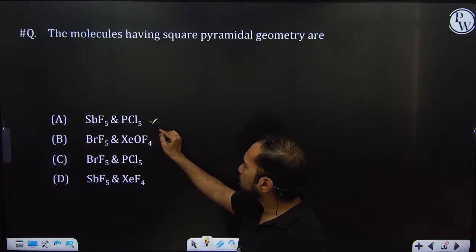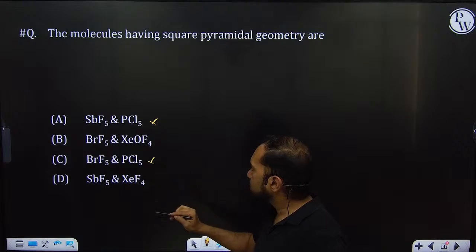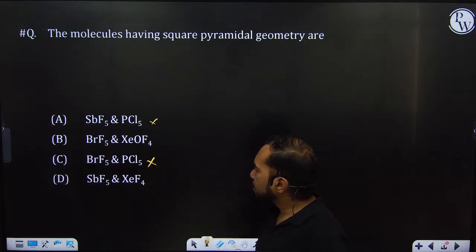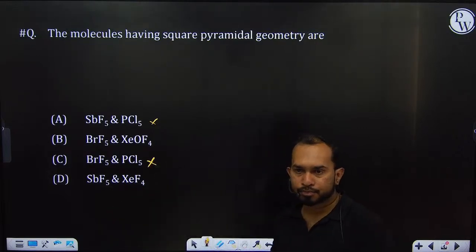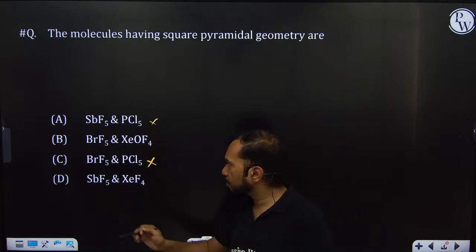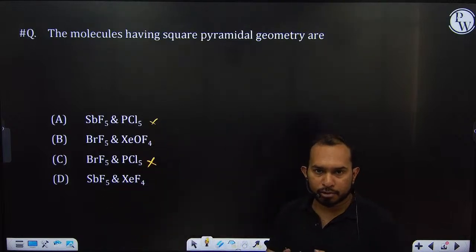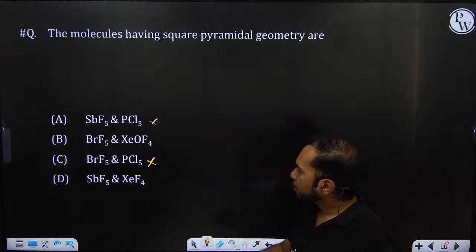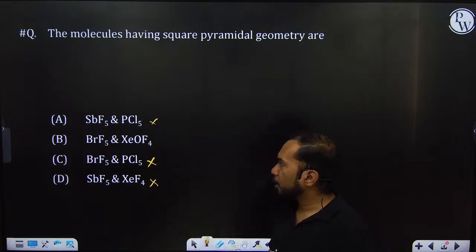Option C, phosphorus and PF5 belong to the shape of PCl5, trigonal bipyramidal.